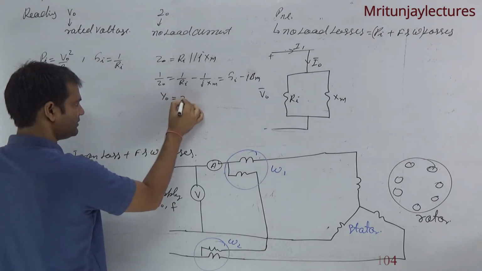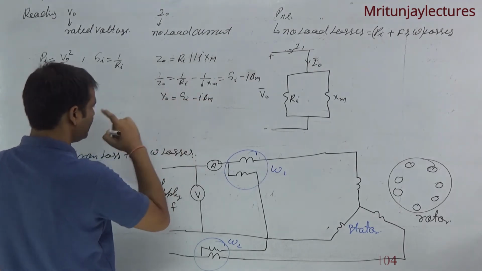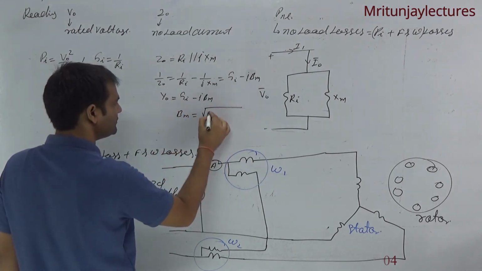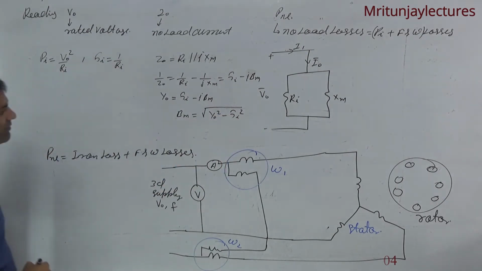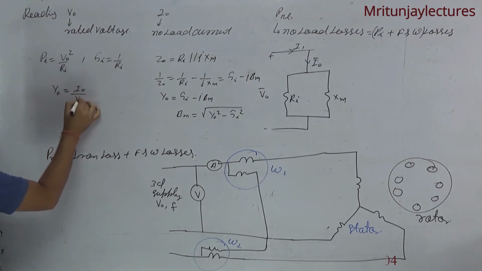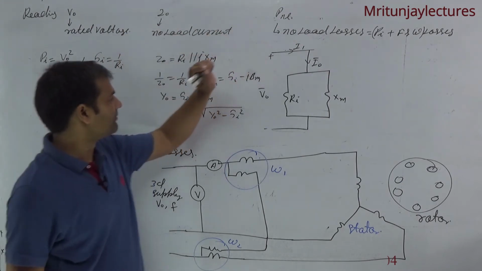That is Y naught, that is Gi minus j Bm. Our motto is to determine Bm. How to determine Y naught? Y naught is equal to I naught upon V naught.